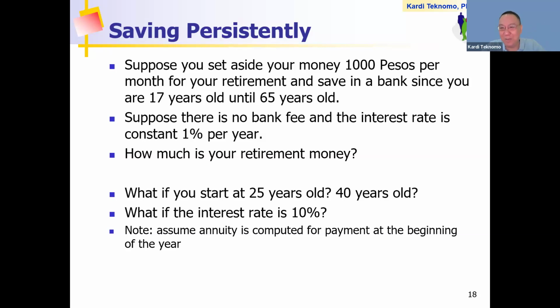The formula was already given a while ago. Can you try to compute? The simplest formula, usually, we write it like this: P plus I times P equals F. This is for 1 year.